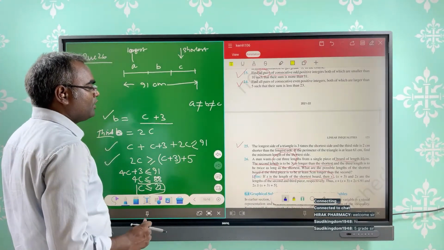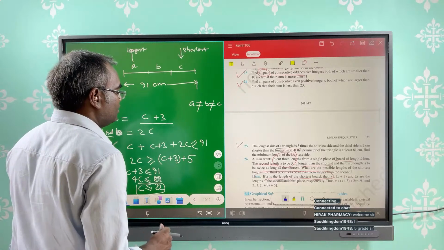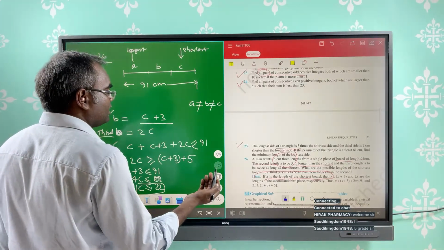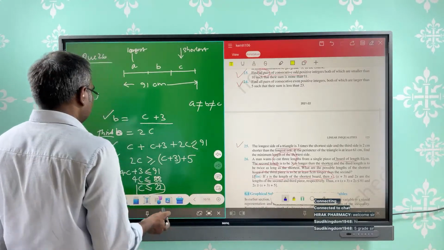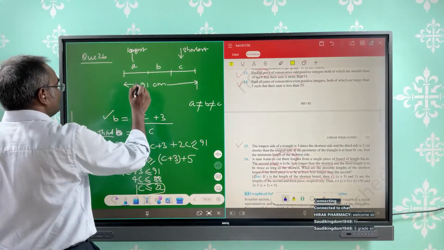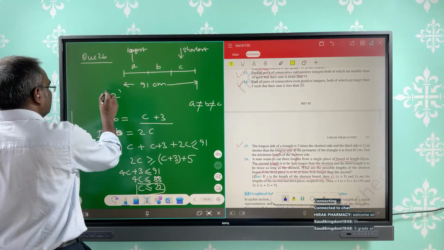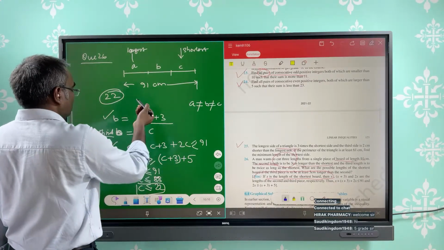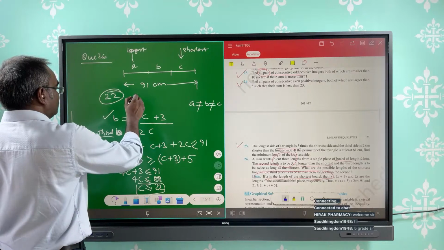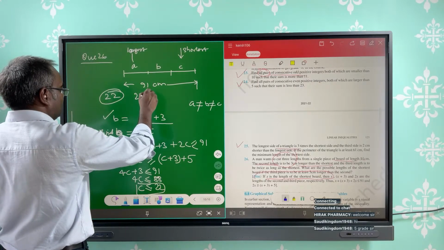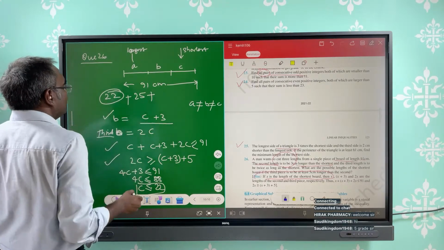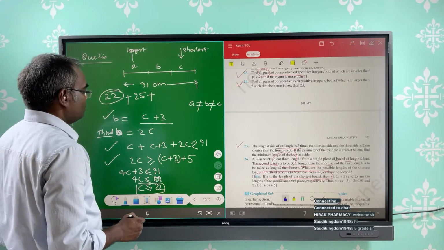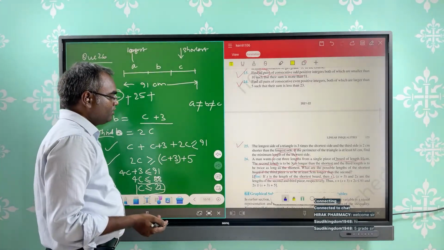So what are the possible lengths of the shortest board? The shortest board is c, so it should be at most 22, and that is our solution. 22, another will be 25, and the other will be the remaining, 91 minus this sum. So this is the solution of question number 26.